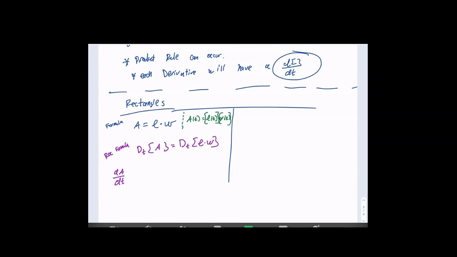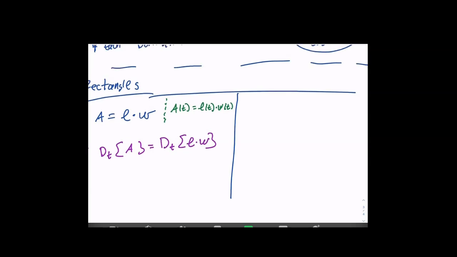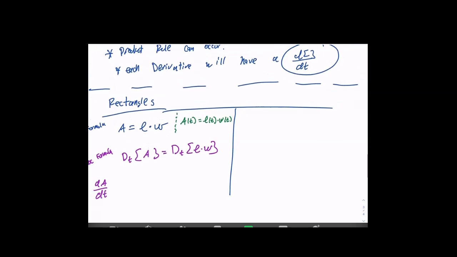Each of these variables is really just a function of t. Now, if the variable is a constant, then it's not a function of t, and we'll get into that more maybe in tomorrow's examples. That kind of takes it to the next level. If it's constant, something important is going to happen.